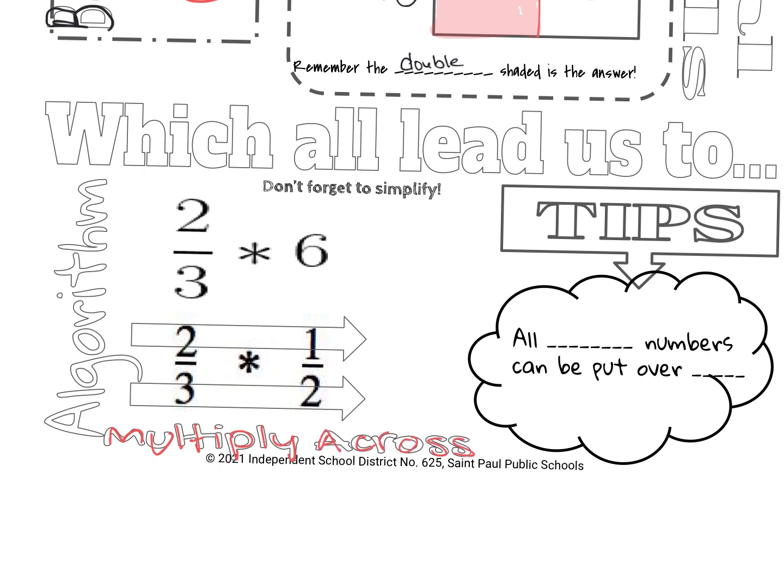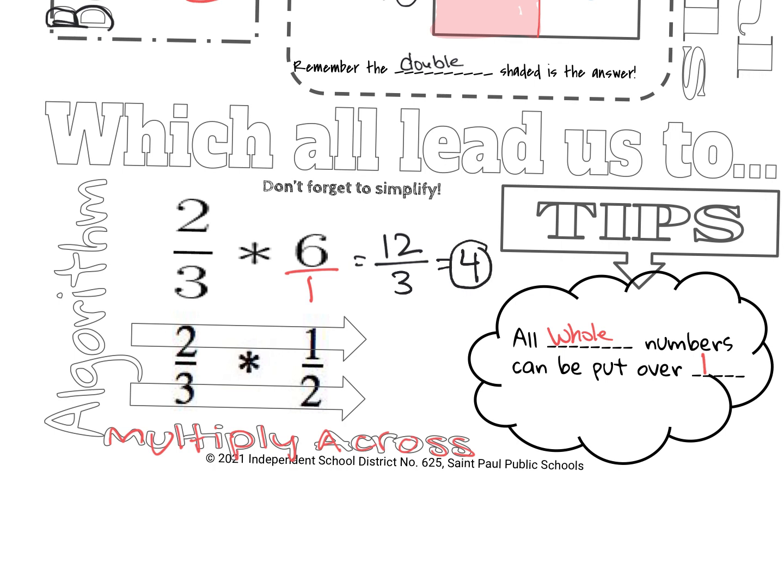And that's why when we were multiplying a fraction times a whole number, it's because all whole numbers really have a denominator or can be put over the value of 1. So I take that 6 and I put it over 1, and then I just multiply across. So 2 times 6 is 12, and then 3 times 1 is 3. So we end up with 12 over 3. But like we said before, we can divide 12 by 3. You end up with an answer of 4.